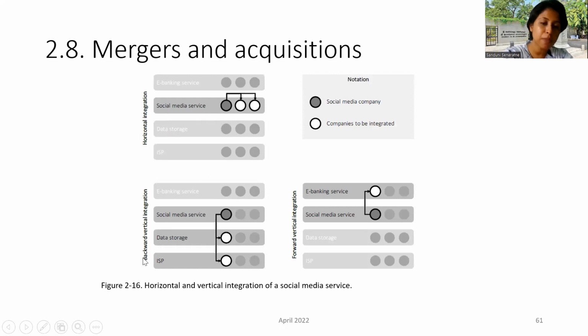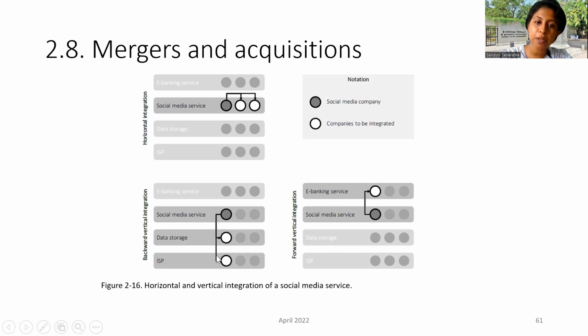Now, when it comes to backward integration, I told you vertical integration happens along a supply chain of the organization. It can happen backwards or forwards along the supply chain. So this is an example of backward integration where the social media service gets integrated with data storage companies and internet service providers, right?